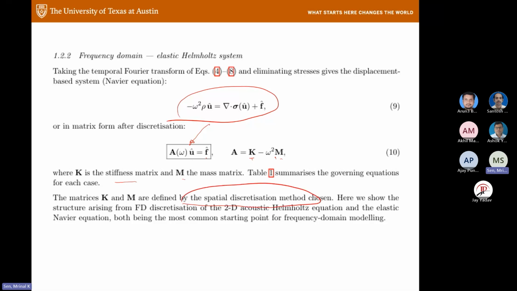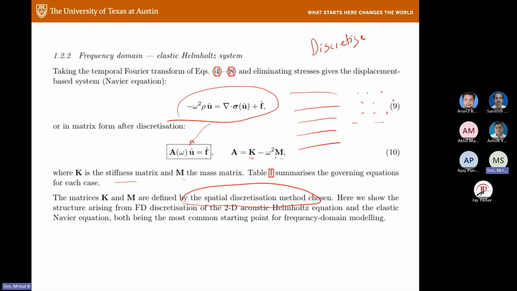Okay. And these are defined by the discretization method. So the very first thing that you do when you're using a numerical method is to discretize your model space. In 1D, discretization was simple. These were all different layers. But when the medium is laterally varying, you have to define those velocities and displacements in grids.